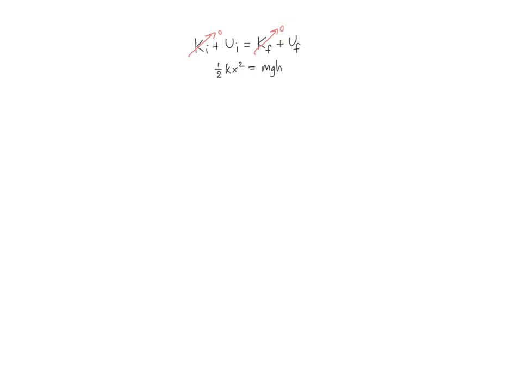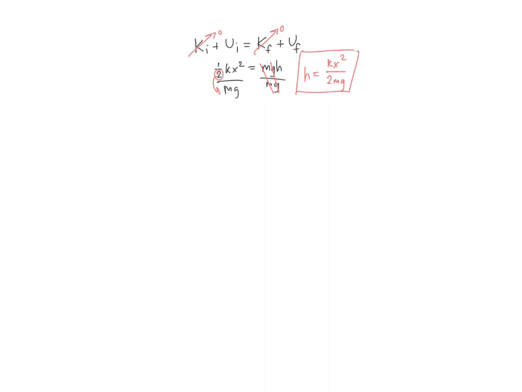So let's just divide both sides of this by mg so that the mg's will cancel out, and we're left with h is equal to, I'll bring this 2 down into the denominator, so we have h equals kx squared over 2mg for part A. So that's the equation that we're going to end up using to linearize this graph.